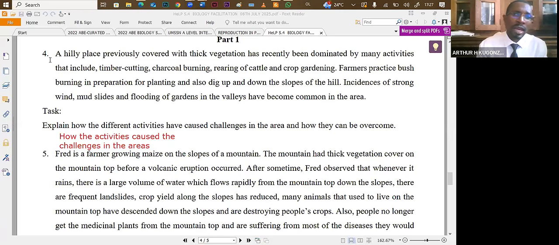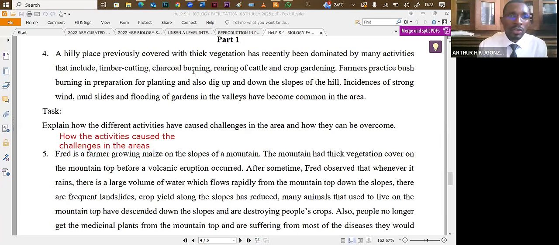And when I look through this scenario, I'm able to see a number of activities. So you rate. I'm not going to rate, but you rate for purposes of tracking. Now, they're saying how the activities caused the challenges. I will start. A hilly place previously covered with thick vegetation. So you start afresh.